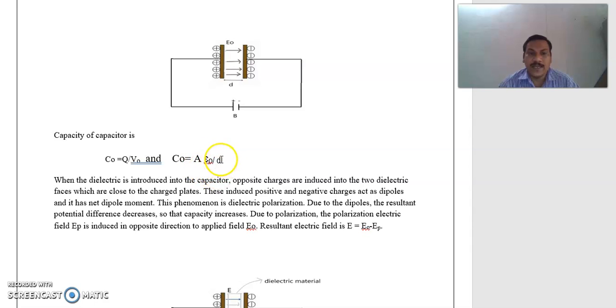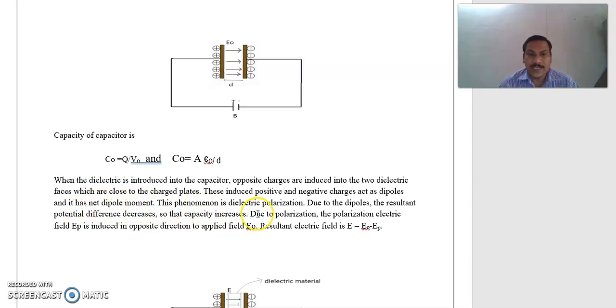When the dielectric is introduced into the capacitor, opposite charges are induced on the two dielectric faces which are close to the charged plates. These induced positive and negative charges act as dipoles and have a net dipole moment.